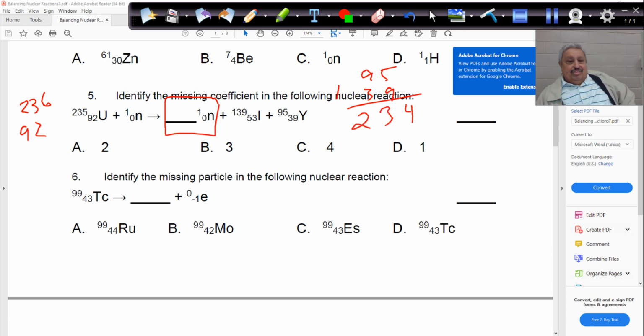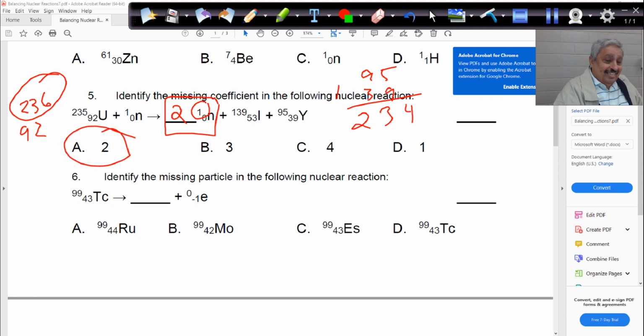So how much is missing? 2, because here it's 236. Who said 4? 4 is too much. How much is this? 2. But I have 1 here, correct? So what will the factor be? 2. So the answer is A. The answer is 2A. Make sense, guys? Okay, another example.